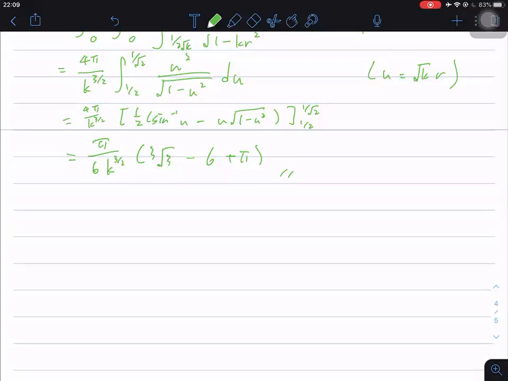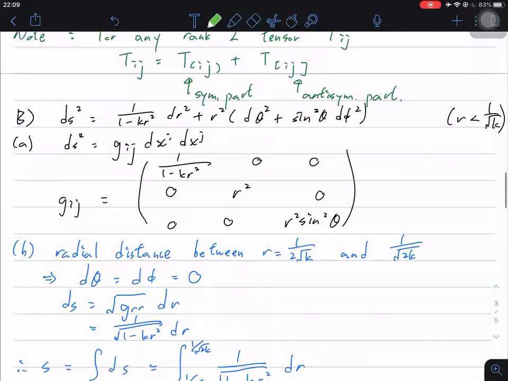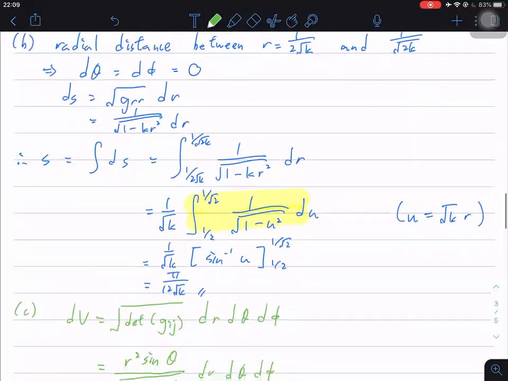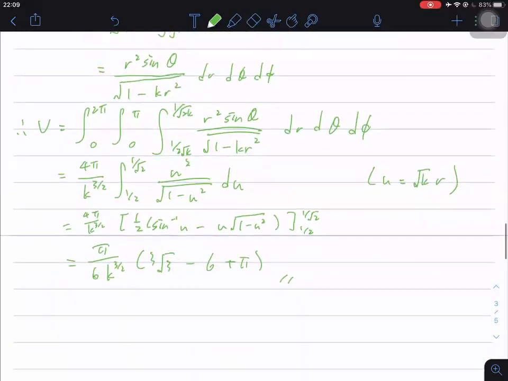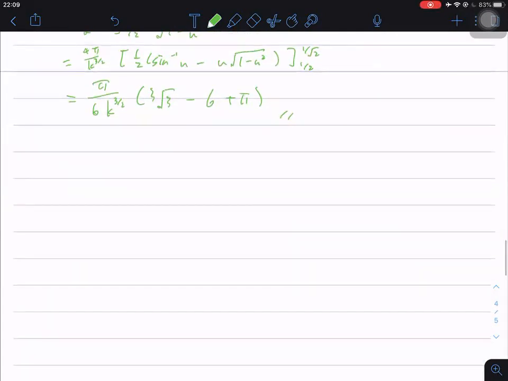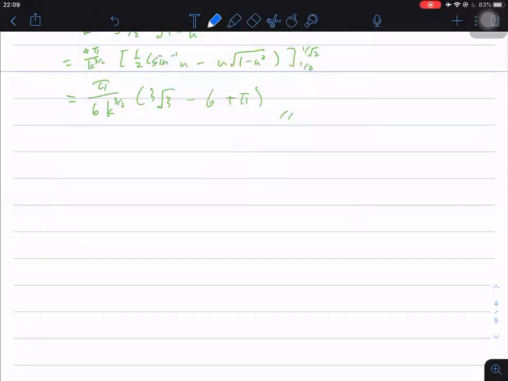And the reason I asked you to do such a calculation with this metric tensor is because later on, if we learn cosmology in this course, you will learn something called the Friedmann-Robertson-Walker metric. I just write the name here. You don't have to know what's going on.